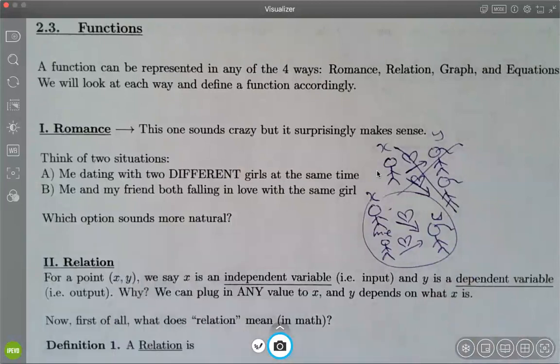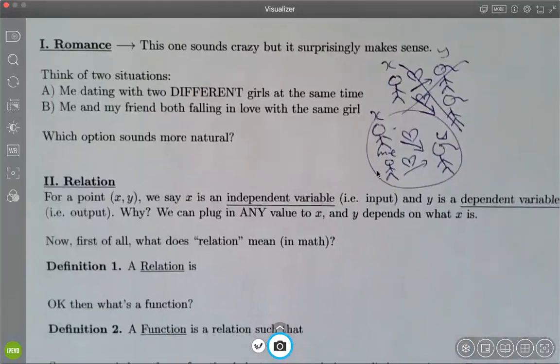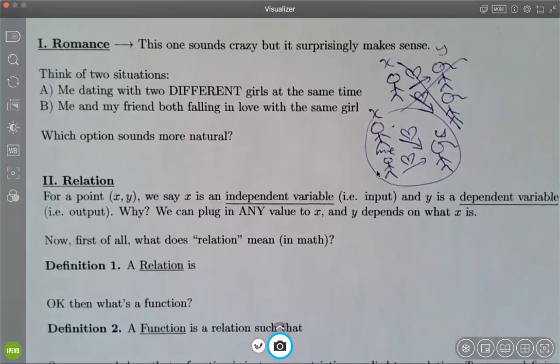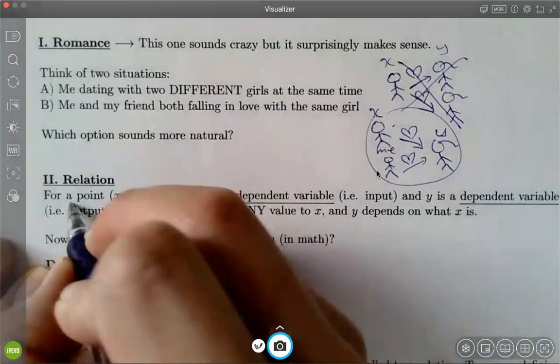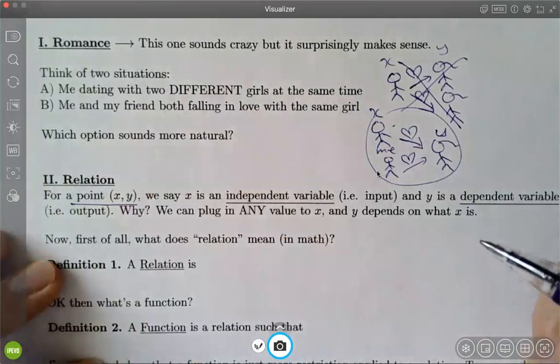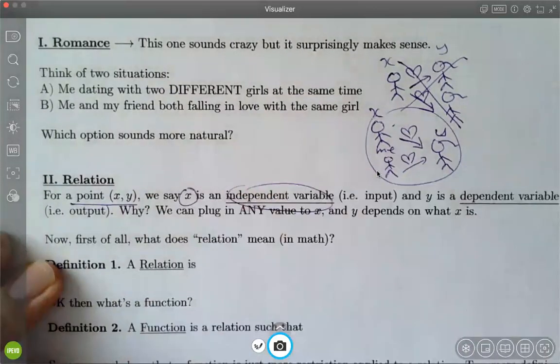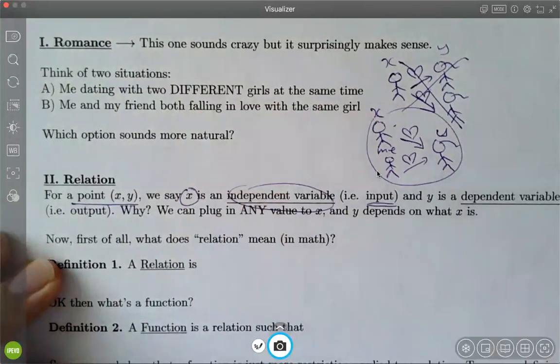Okay, now the relation. This one is more mathematical. Now, has anyone heard the word relation before? Like in math, not romantic relationship or human relationship or whatsoever. So the relation, we have to start from a point, x comma y, okay? So now we say x is an independent variable, which means the input, and y is the dependent variable, which is the output.